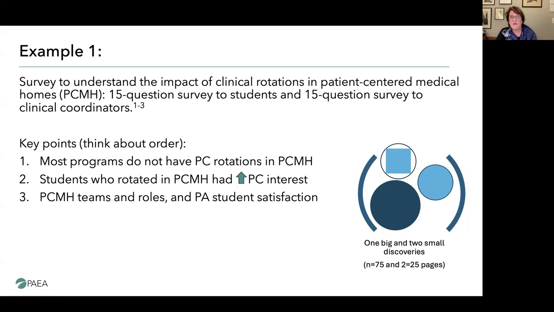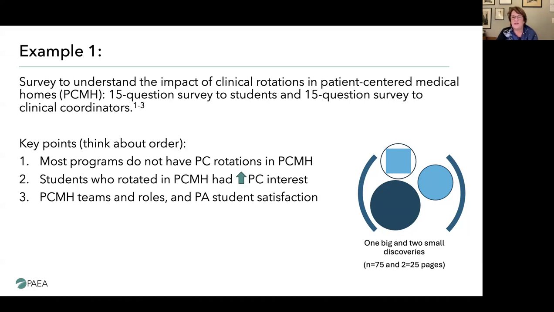So the first article was mainly about most programs do not have primary care rotations in patient-centered medical homes. And then we next went with the patient-centered medical home teams and roles and student satisfaction.